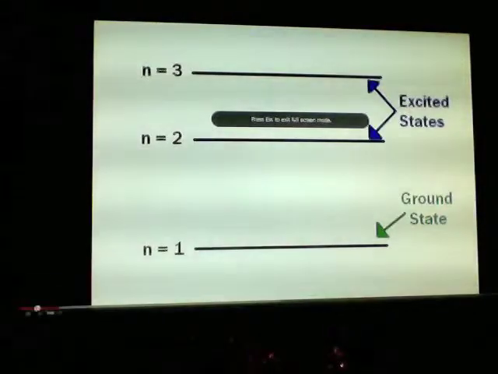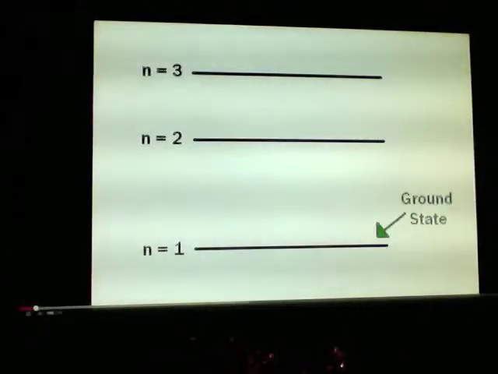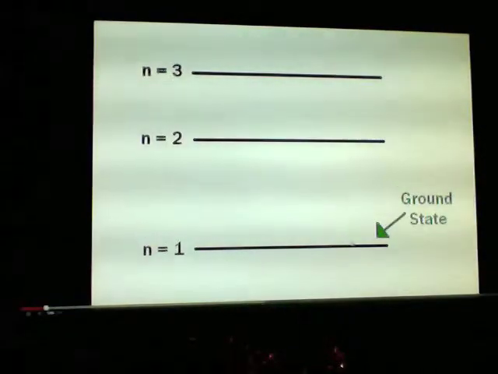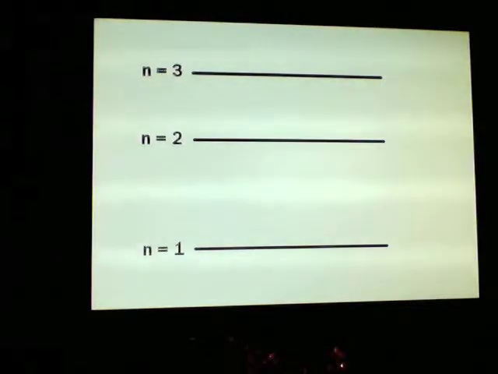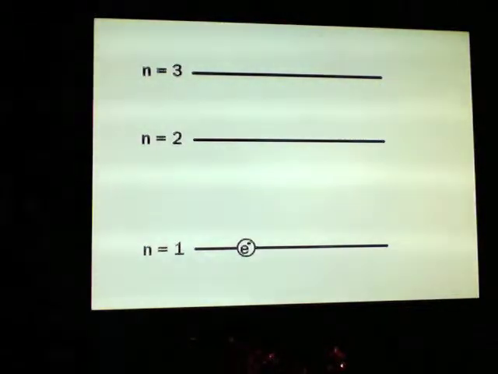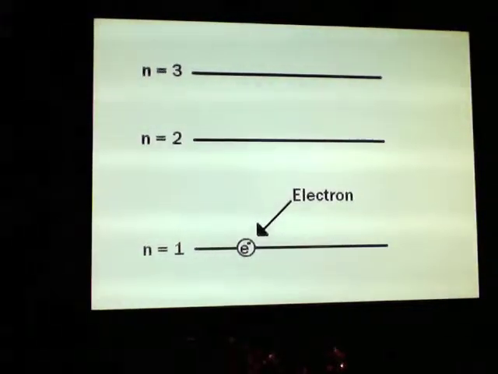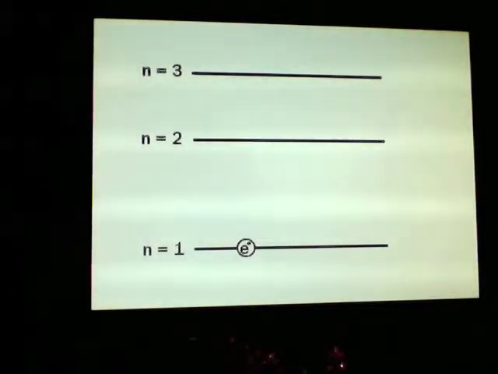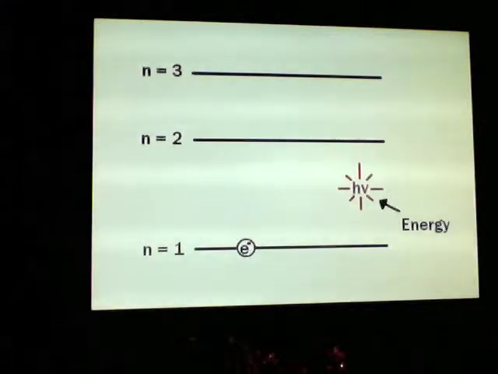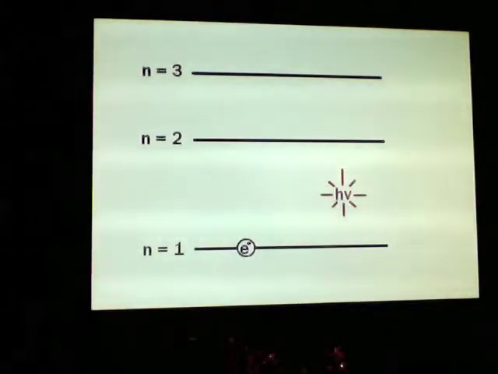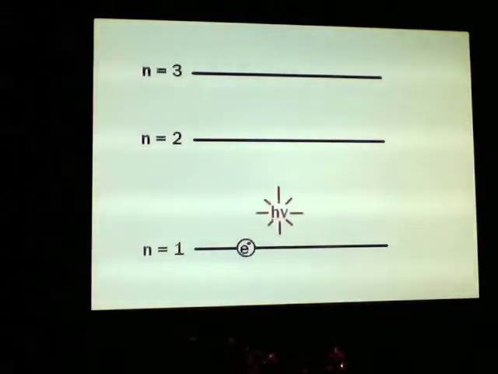Alright, so we have ground state, level 1, excited state, level 2 and 3, electron at a ground state, energy coming in, so in the form of heat from the Bunsen burner flame.